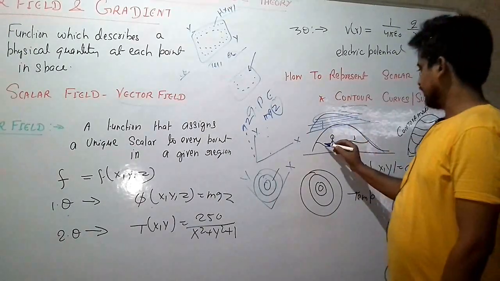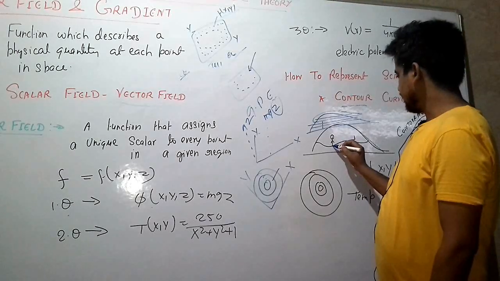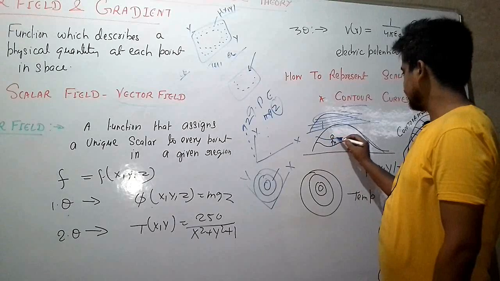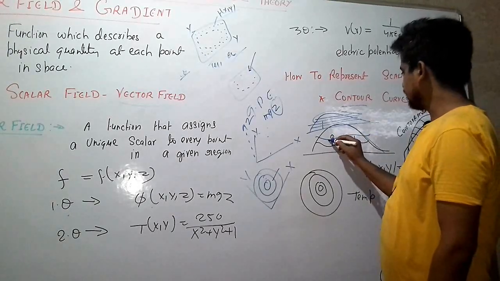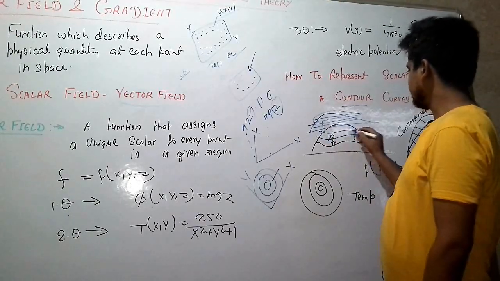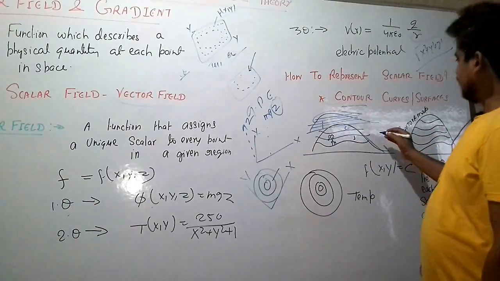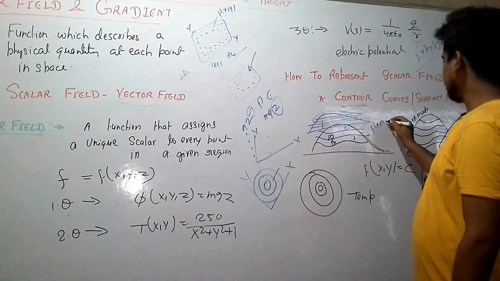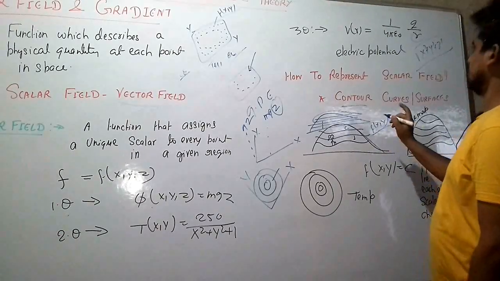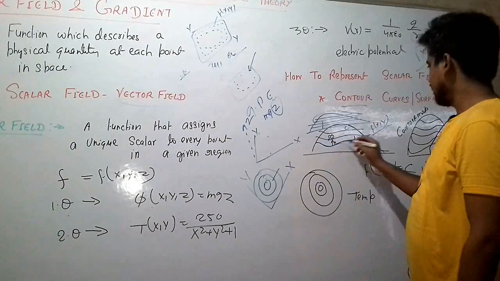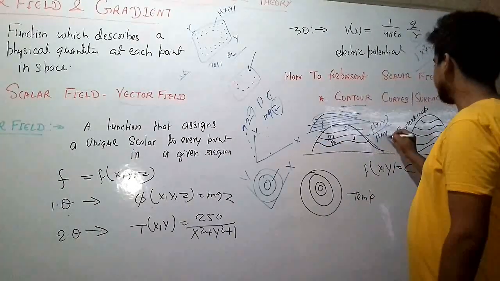So this person is at A, and there is another person on a different contour curve B, and this is C. If f(x, y) is the contour curve, then at each curve f(x, y) is constant.